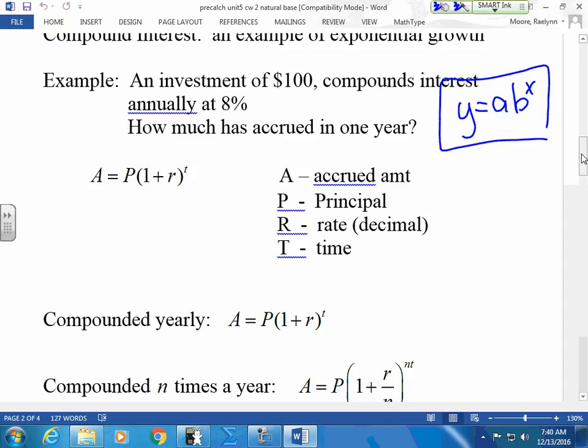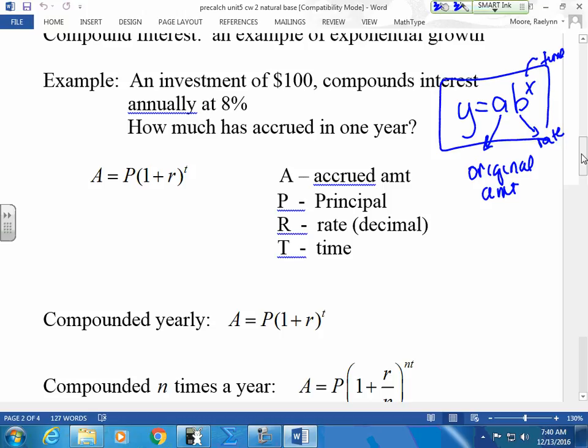Growing, adding interest, whatever we're doing. This is your original amount. B is your rate. This is time. Everything works off of this.